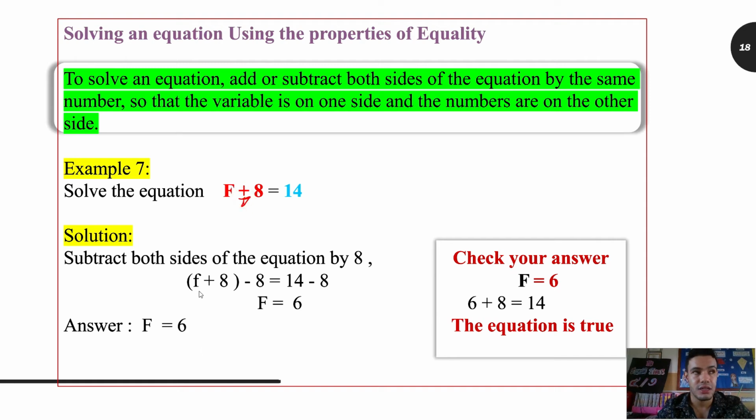So minus 8: f plus 8 minus 8 equals 14 minus 8. Both sides of the equation, guys, don't forget. f equals 6. Okay, if you want to check it, you replace your answer right here. It will be 6 plus 8 equals 14, so the equation is true.